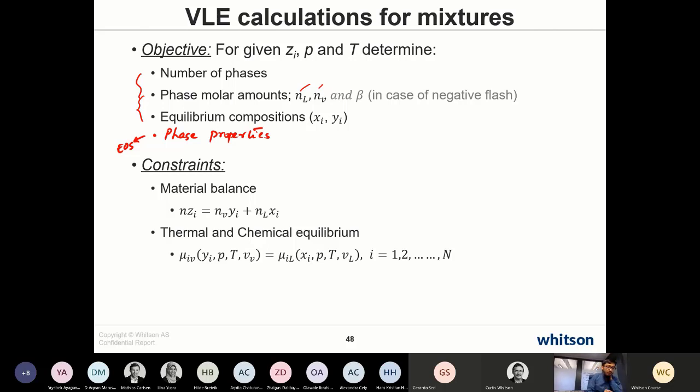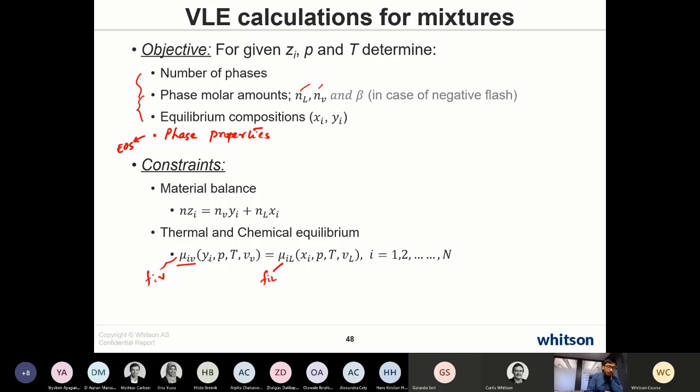And the constraints we have: we honor the material balance for each component, and that we saw in the Rachford-Rice. The other constraint we have is the thermal and chemical equilibrium. So the chemical potential, or you can also say the fugacity of each component in the vapor phase, has to be the same as the fugacity of each component in the liquid phase.